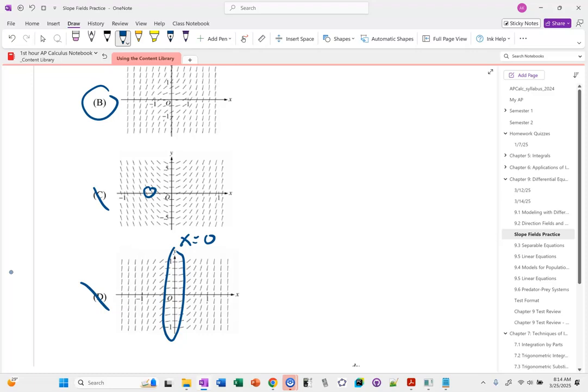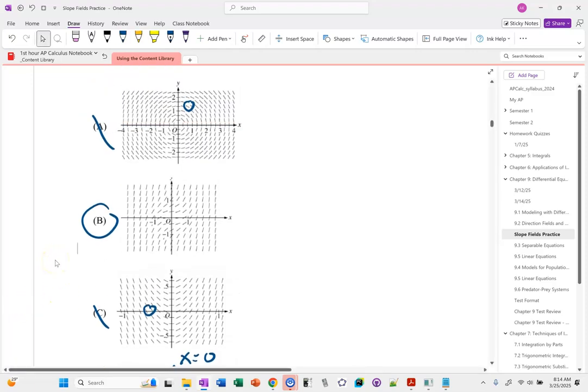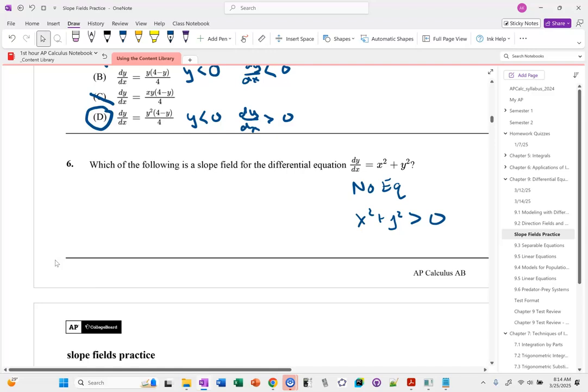Alex? For the graphs, there's only like 4 or 5, and it's a matching situation, I think there's 5 slope fields and 5 differential equations, and you just match the equation to the graph.